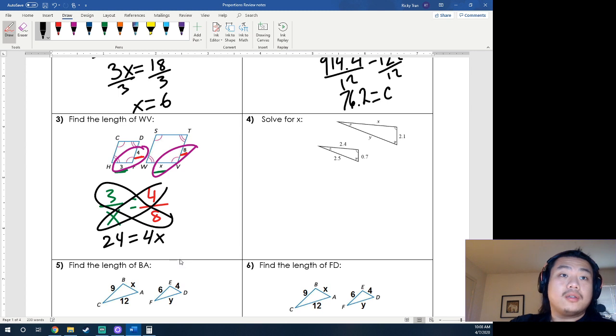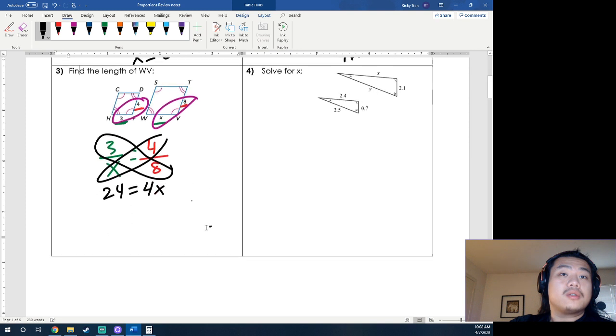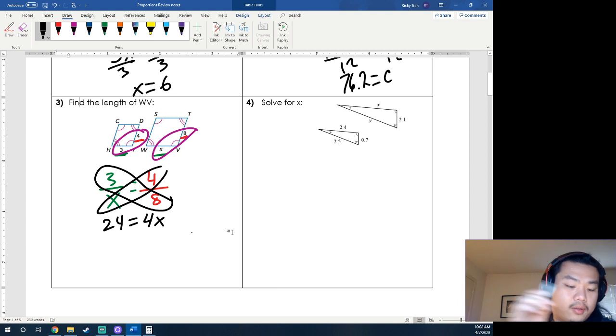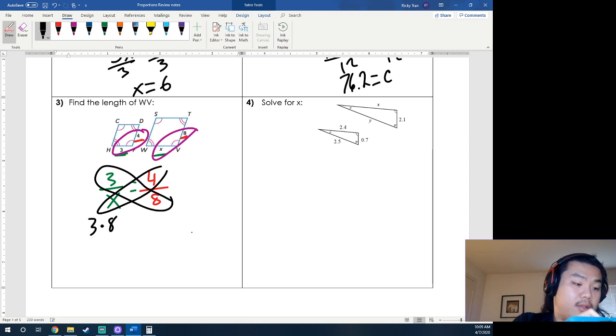So we have 3 times 8, or 24, is equal to 4 times x.